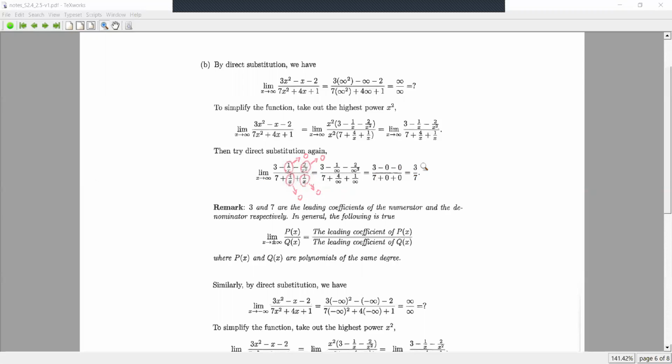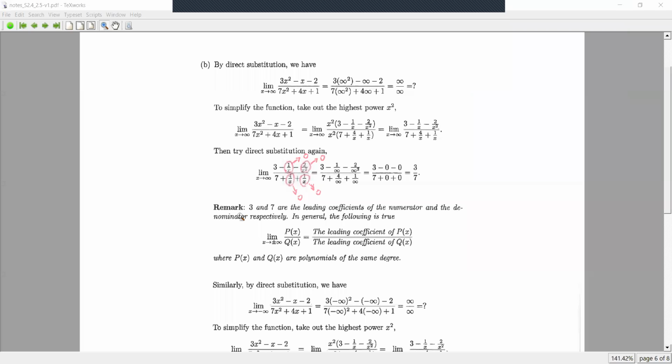This number is 3 over 7. Therefore, this limit, as x approaches positive infinity, the function approaches 3 over 7. Yeah, this infinity over this infinity is 3 over 7.